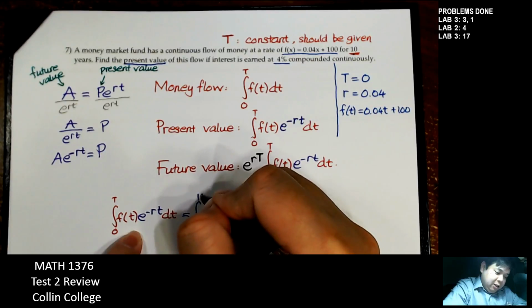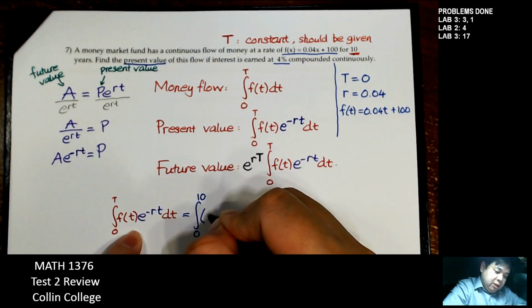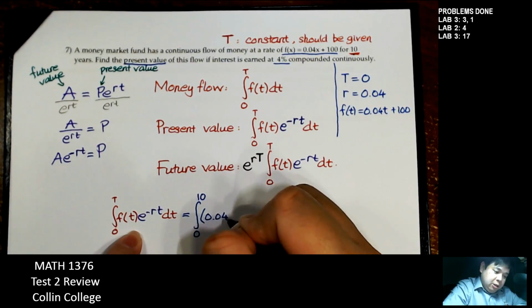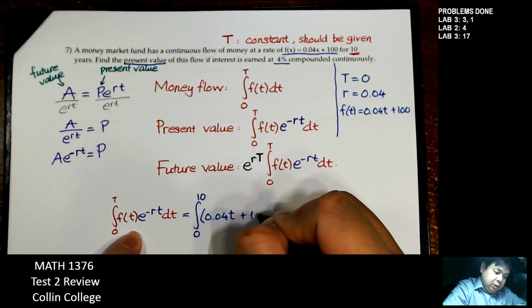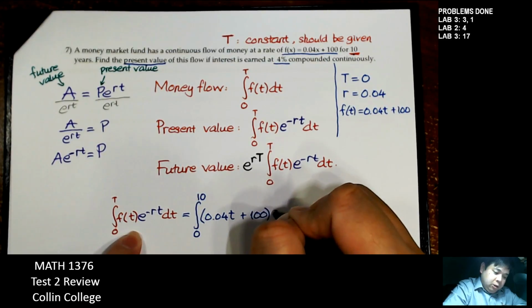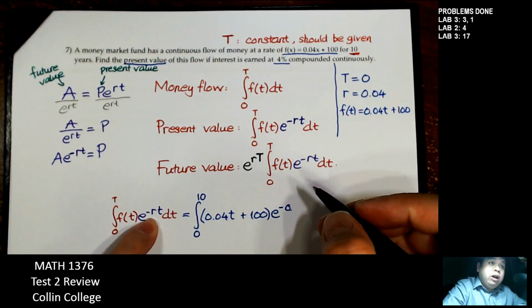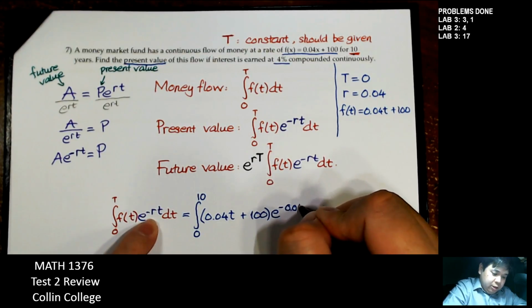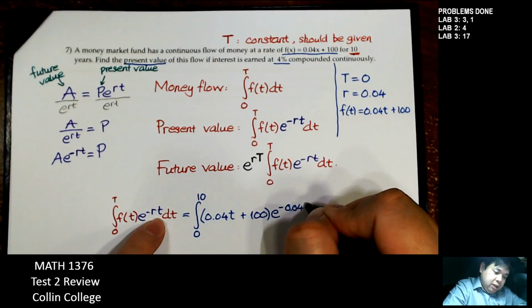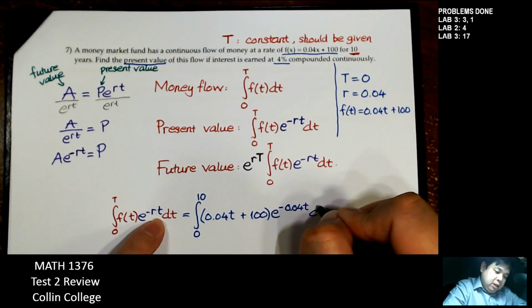So 0 to 10, the function, and the rate 0.04 t, dt.